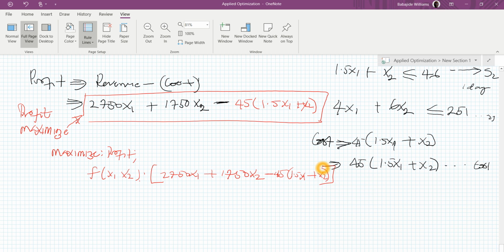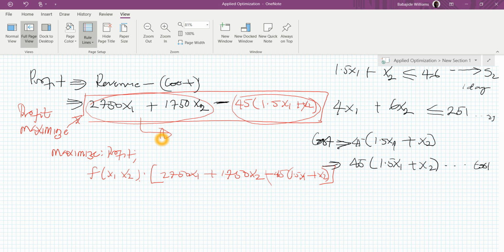This is my objective function. This is what I'm trying to maximize, the profit. And to get the profit, I need to take away the cost. If you stop here without considering this, your optimization problem will not be complete and it will not be adequate.